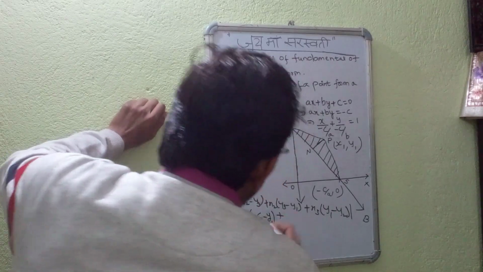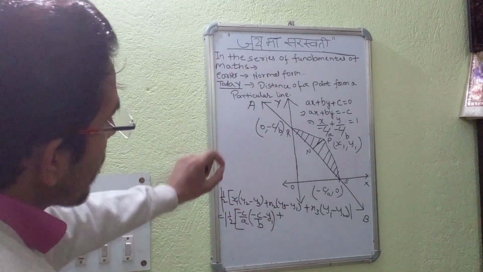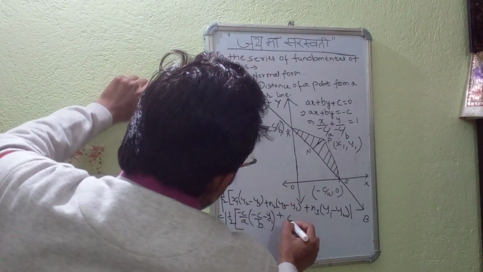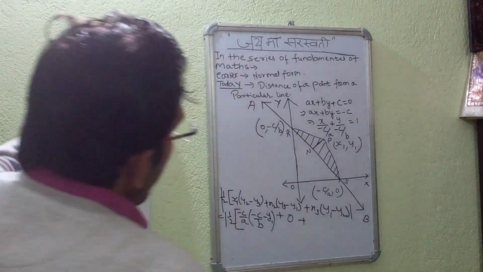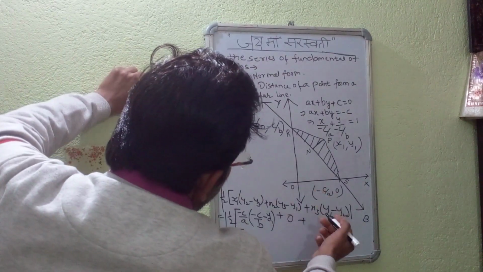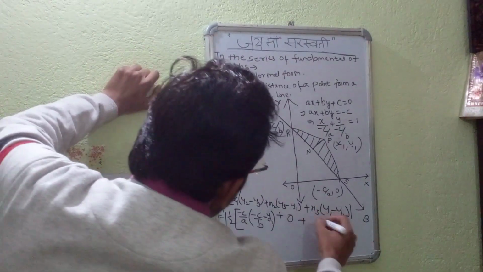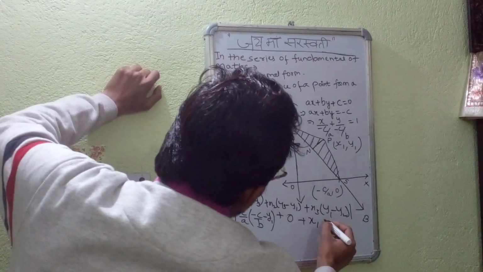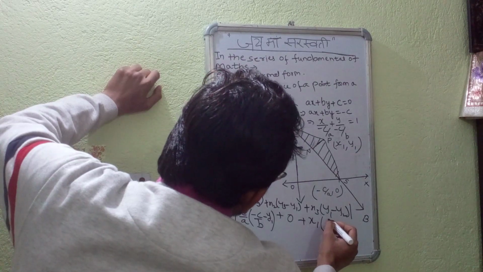First and foremost, x2 will be equal to 0. So this term will be 0 plus x3. The x3 which we had taken here will be x1, y1 minus y2. So y1 will be 0 and y2 will be plus c by b.